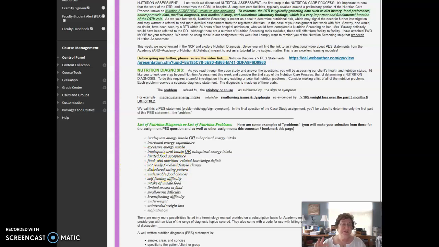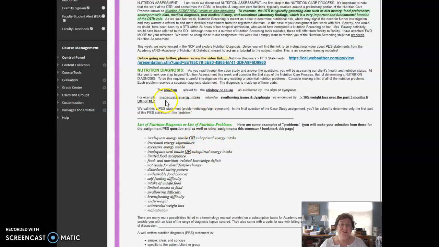This is specific governed terminology, and these specific phrases are actually used in the medical record to document a specific nutrition diagnosis. They are used for billing and for reimbursement. There are specific billing codes connected to these. So you must use these verbatim.